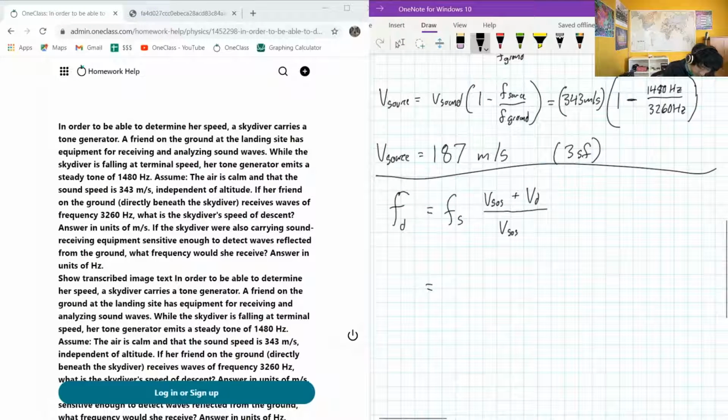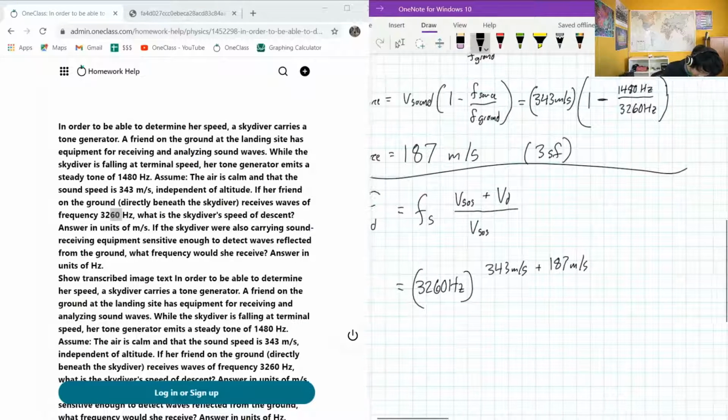We'll just have our F source, which is what is bouncing off the ground, and it hits the ground at 3260, so that's going to be here. Our speed of sound, 343 meters per second, plus the velocity of the diver, 187 meters per second.